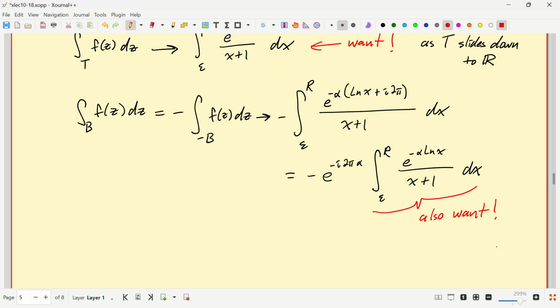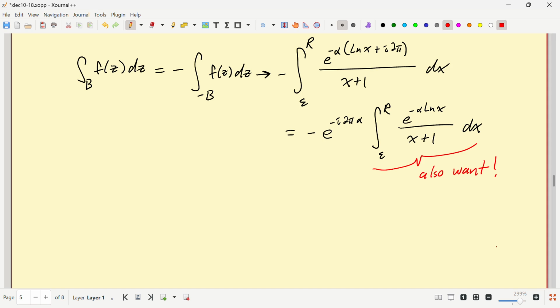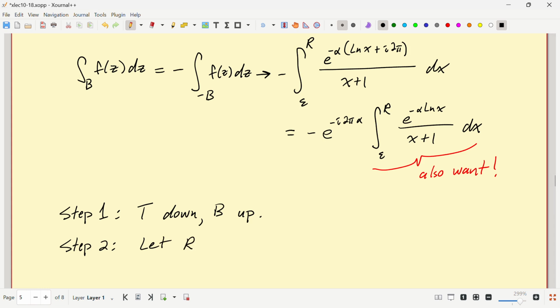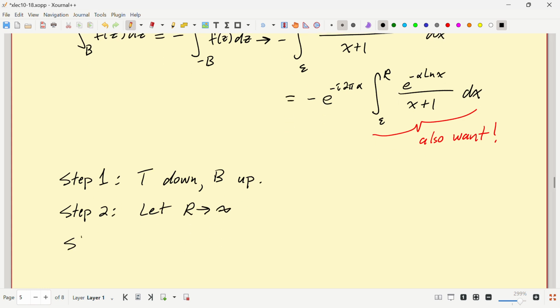Okay, so the last thing to do, the steps are: step 1, t down, b up. Step 2, let r go to infinity. Step 3, let epsilon go to 0.